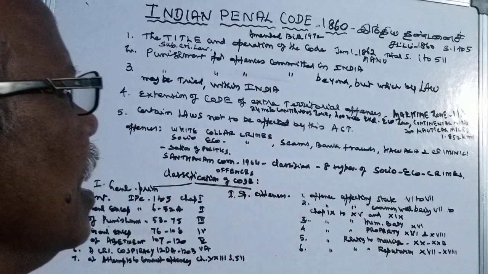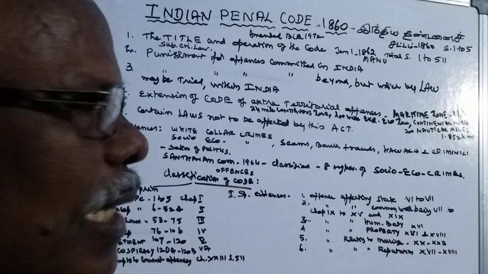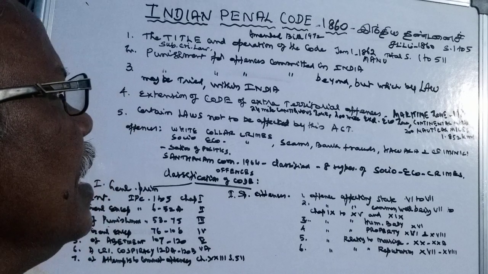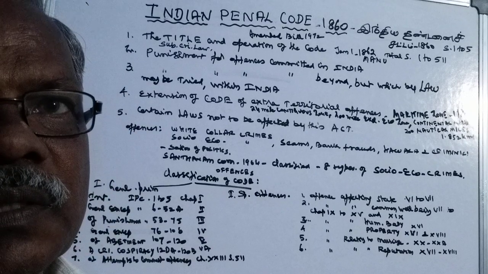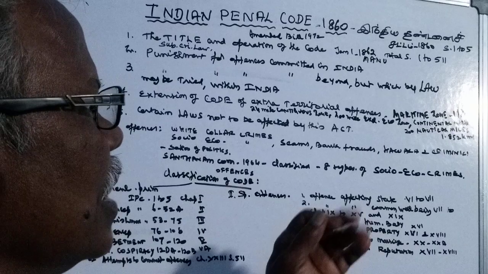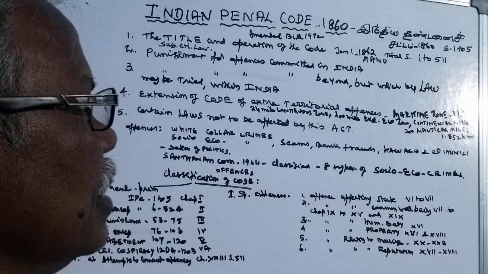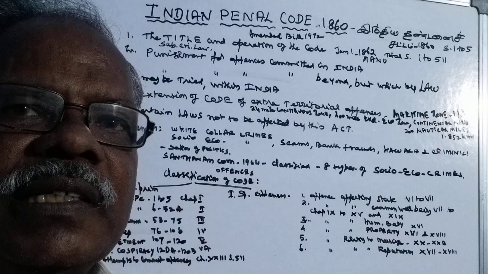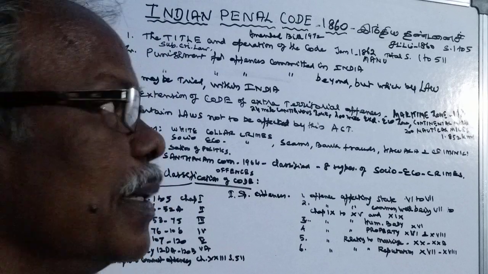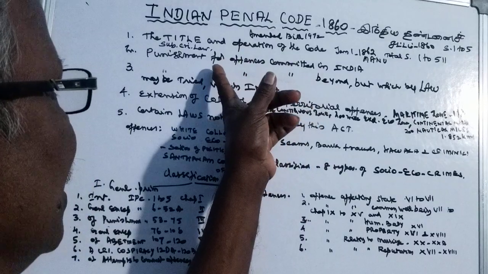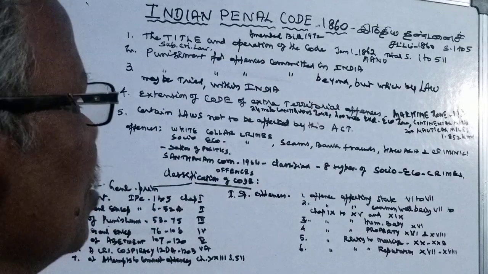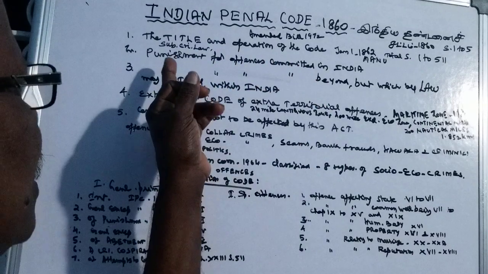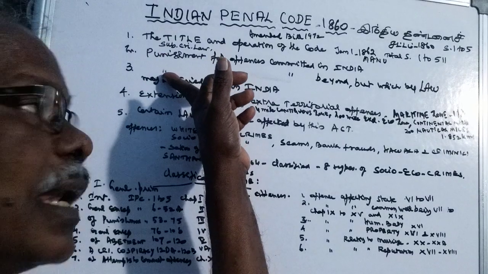First, section 1 deals with the title and the operation of the code. The title is known as the Indian Penal Code, and it extends to the whole of India except Jammu and Kashmir. So that is the title and operation of the code, and it discusses the criminal law.